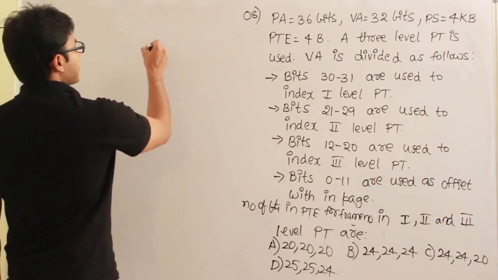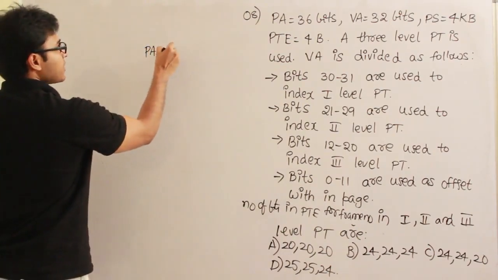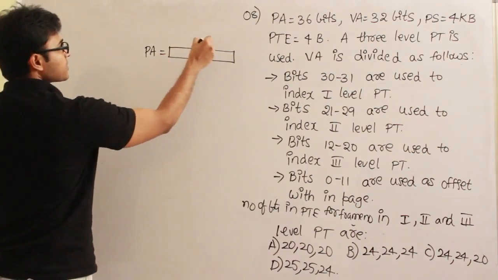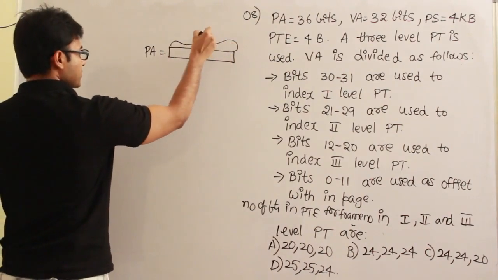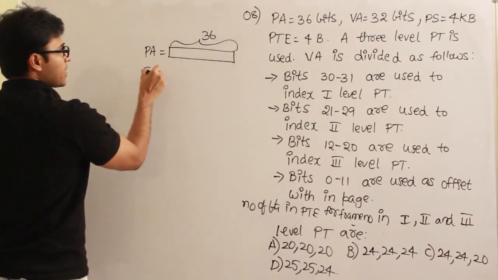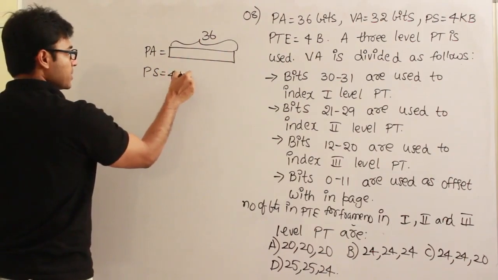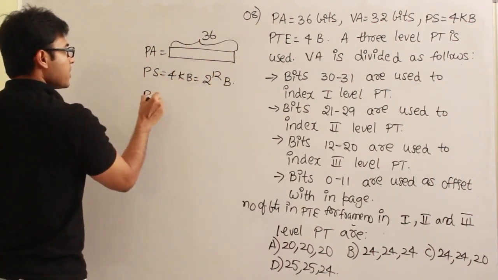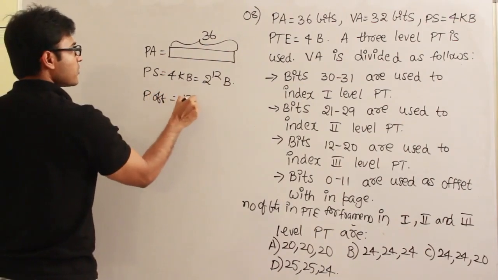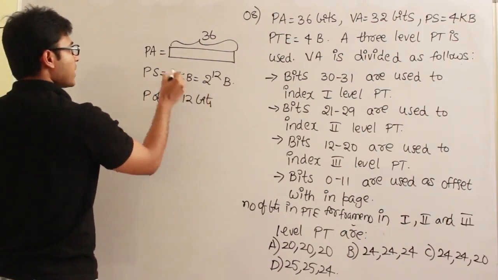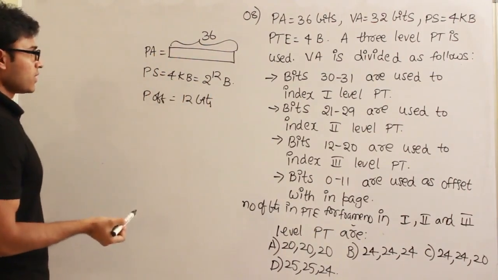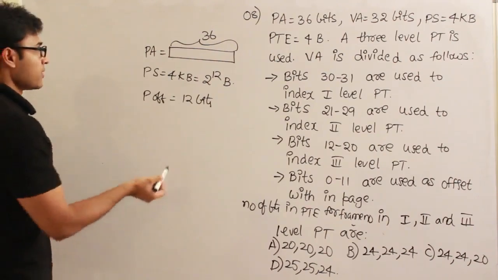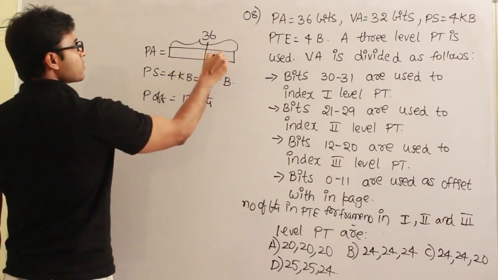So watch it. Now physical address is, they are already saying that it is 36 bits. The total physical address is 36 bits, right? And now page size is 4KB, which means 2 power 12 bytes. Therefore page offset is going to be 12 bits, right? So now I can divide the physical address into 2 parts. One is page offset and the remaining part, right? So page offset is going to be 12 bits.